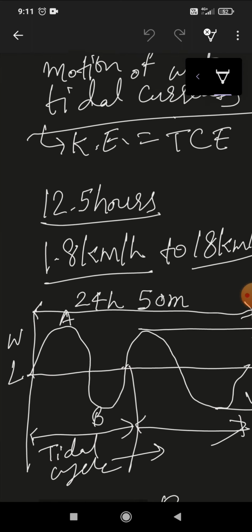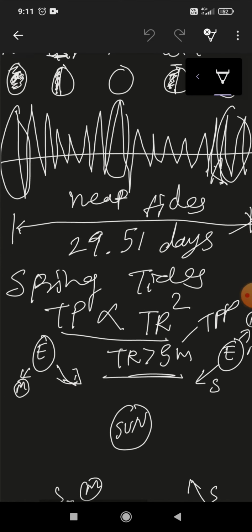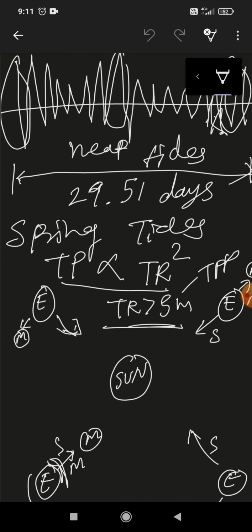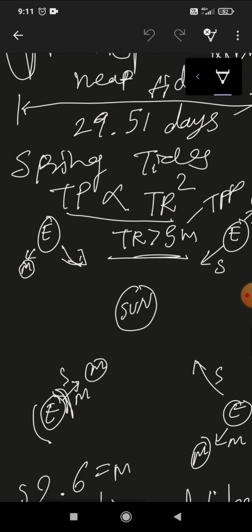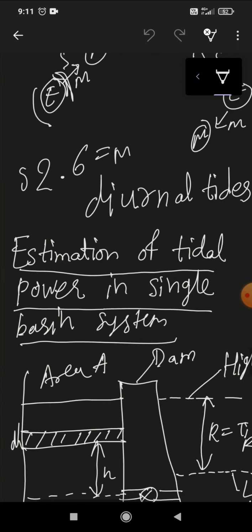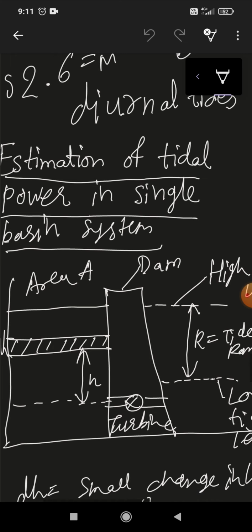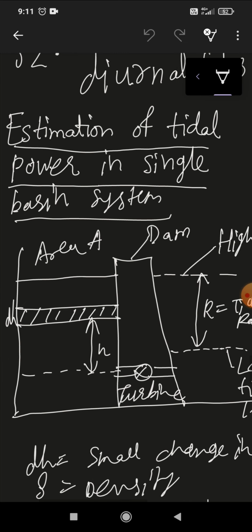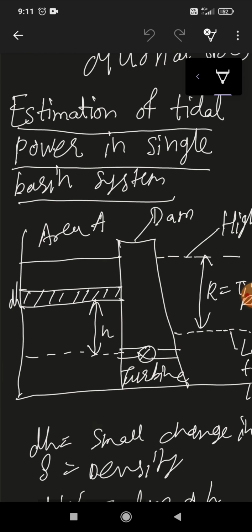So we also saw how, over a whole lunar month, we get high and low tides. Then we have seen that the tide power is directly proportional to the range square. We saw that with the help of tidal power in a single basin system.